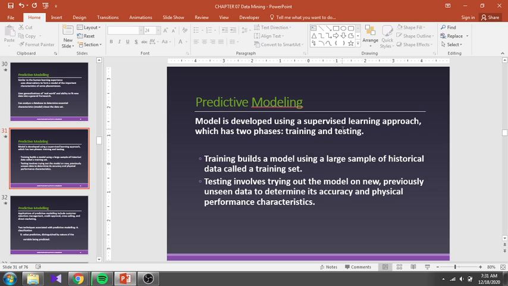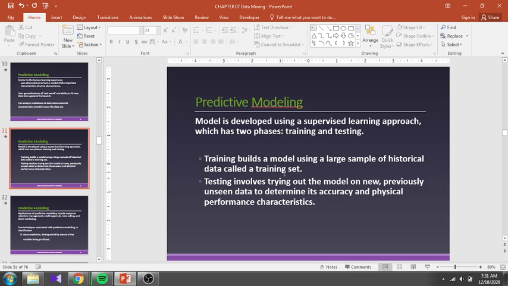The second phase, testing, involves trying out the model on new and previously unseen data to determine its accuracy and physical performance characteristics.